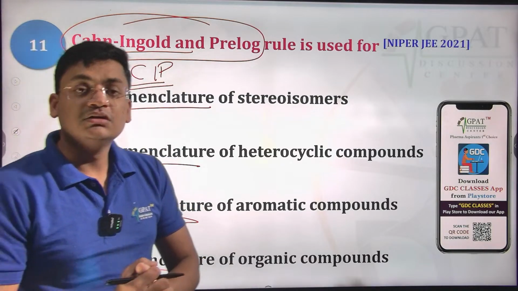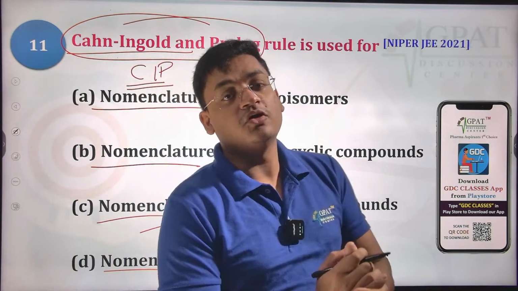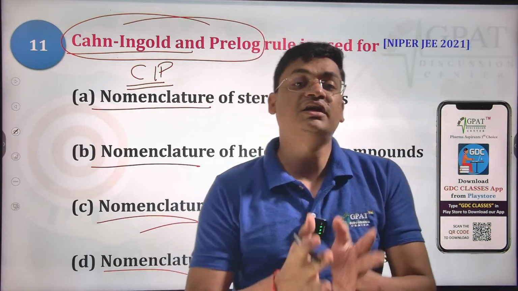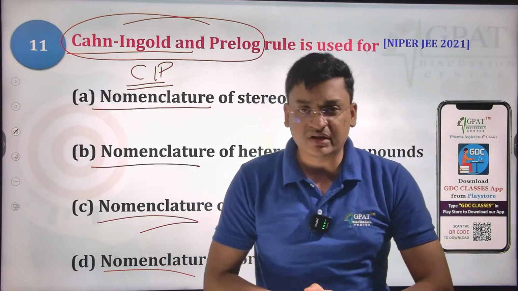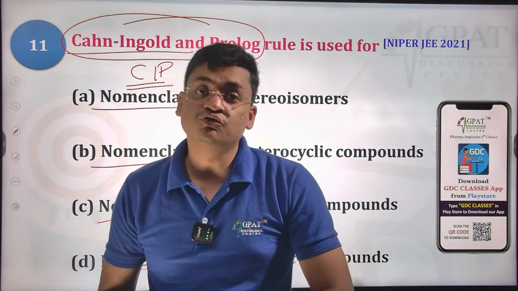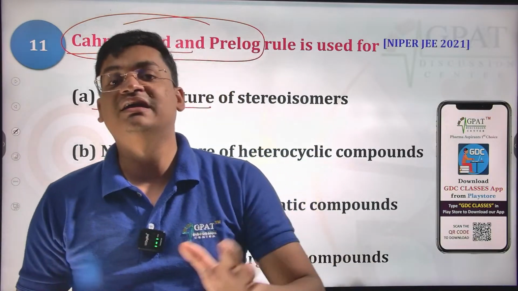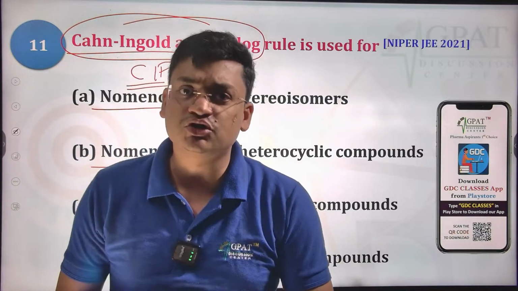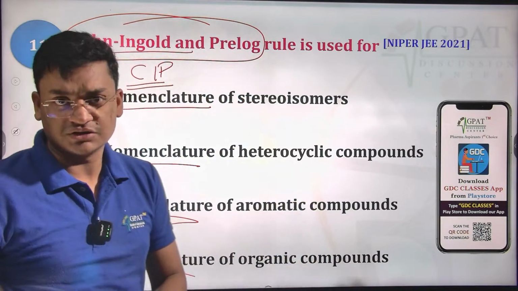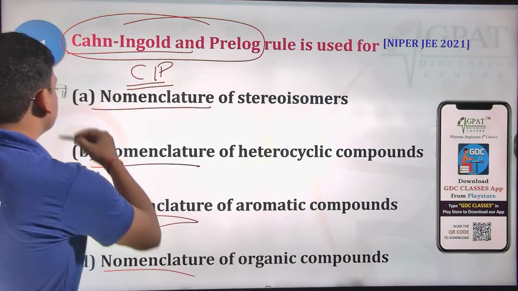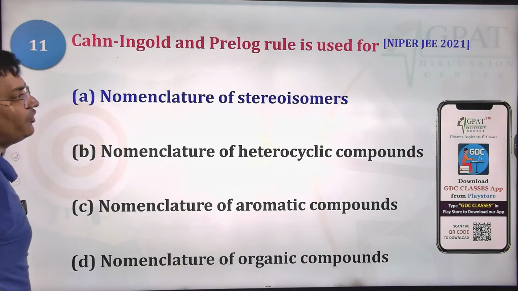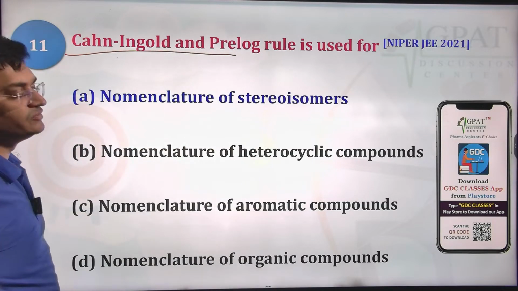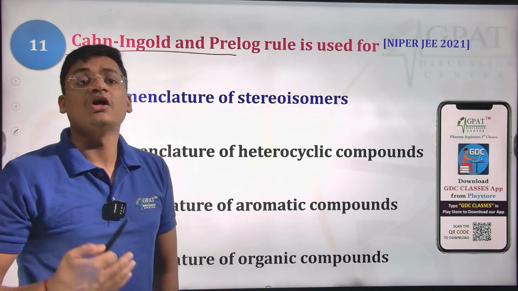This CIP rule, the Cahn-Ingold-Prelog sequence rule, is used for determination of E and Z, that is Entgegen and Zusammen, for geometrical isomers, as well as for the nomenclature of the R and S system, rectus and sinister, for optical activity. That is also a kind of absolute configuration. So yes, this nomenclature of stereoisomerism is only possible due to the CIP sequence rule, sometimes also known as the priority sequence rule.